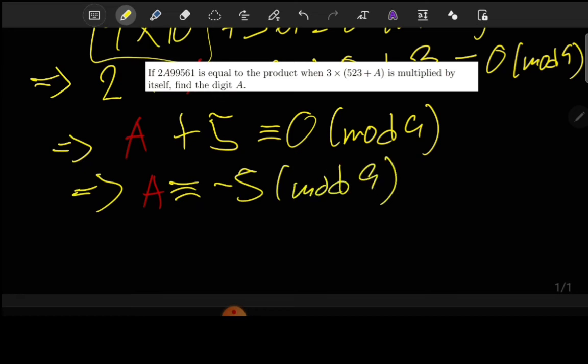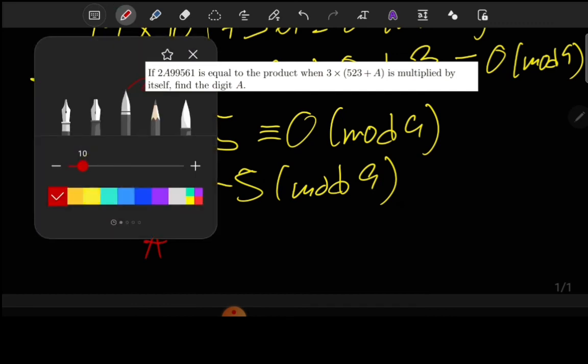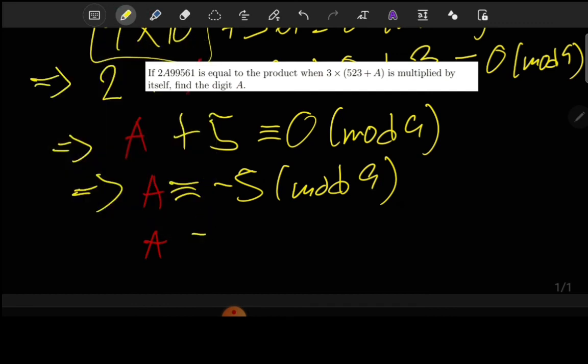Since there's no such thing as a negative digit, we can just add 9 to negative 5. Therefore, our a is equal to 4. Yes, negative 5 plus 9 is equal to 4. So this is our answer.